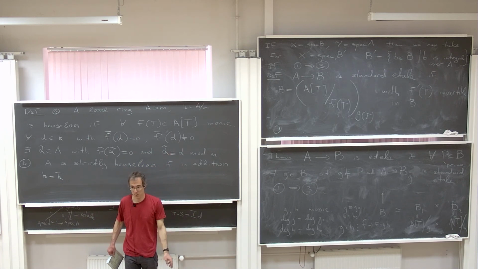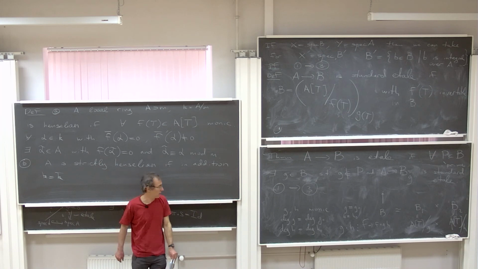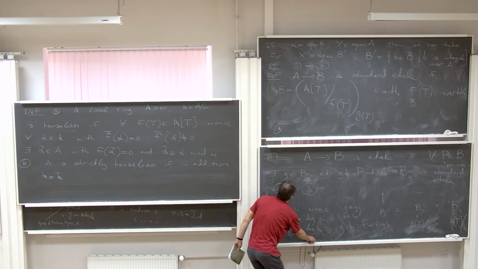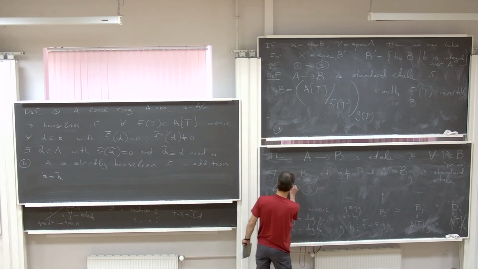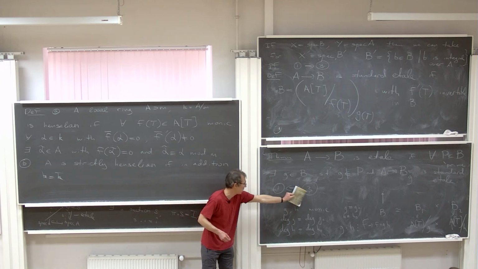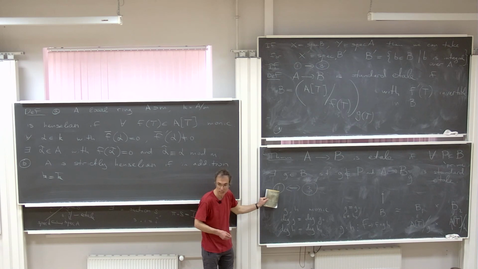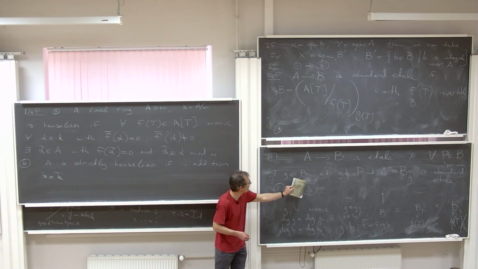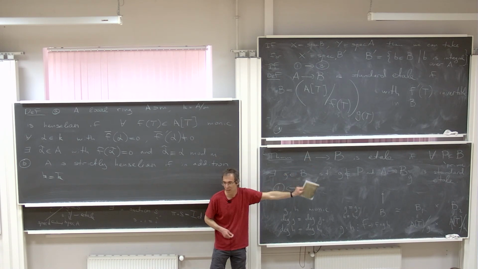So the fact that 1 follows from 3 is obvious. But 1 implies 2 is still not. Yeah, but I think now we proved everything. So 1 is equivalent to 3. One implication, that 3 implies 1, is clear. For the other implication, you need this structure theorem.